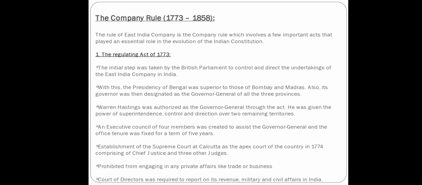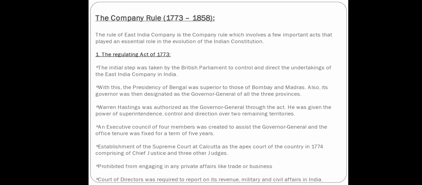Now, with this, the presidency of Bengal was made superior to those of Bombay and Madras. Actually, Britishers were able to establish their areas before this act. First in Bengal, you may have heard about the Battle of Buxar, the Battle of Awadh, and certain other battles. With the defeat of Sirajudaulah, and the Battle of Buxar, the Britishers were able to establish their rule in Bengal, in Madras, and in Bombay.